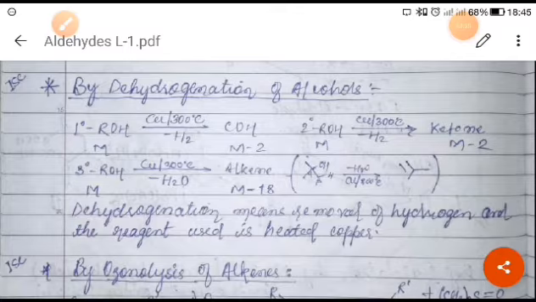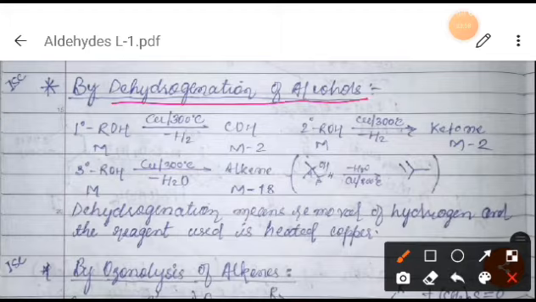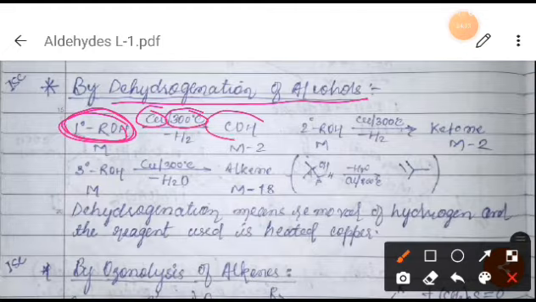Always remember that when we are doing a dehydrogenation of alcohol, primary alcohol in presence of Cu at 300 degrees Celsius will give aldehyde, whereas secondary alcohol in presence of Cu at 300 degrees Celsius will give ketone.